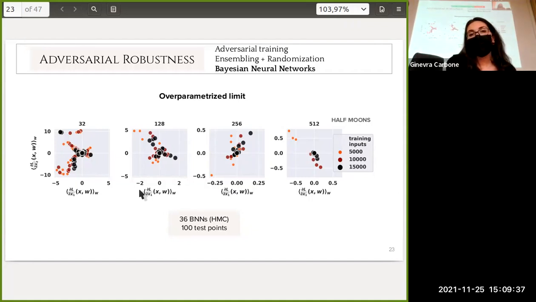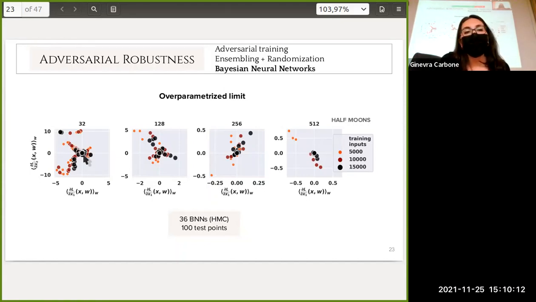In this first plot, we are testing the overparametrized limit. So we trained here a set of 36 BNNs with HMC, with an increasing number of training inputs, which are represented by the color, and a different number of hidden neurons, which is a hyperparameter that we added to our architectures. All the BNNs represented here also have different architectures. So each one of the dots is a different Bayesian neural network.